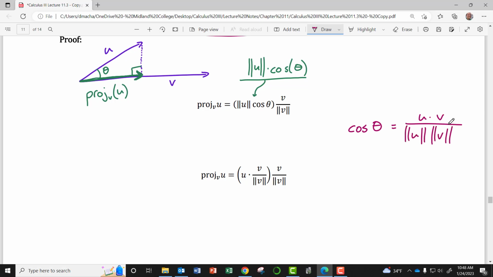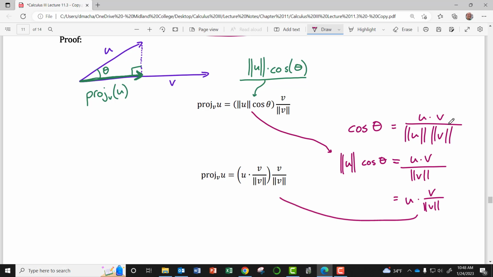If I take this formula and I multiply both sides times norm of u, then norm of u cosine theta, you'll recognize from over here, must be equal to u dot v over norm of v. And then it's just a quick little properties of the dot product thing to say that this is the same thing as u dot v over norm of v, which is what I have in these parentheses over here.